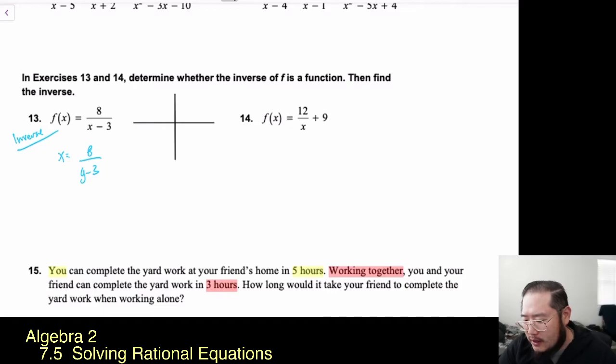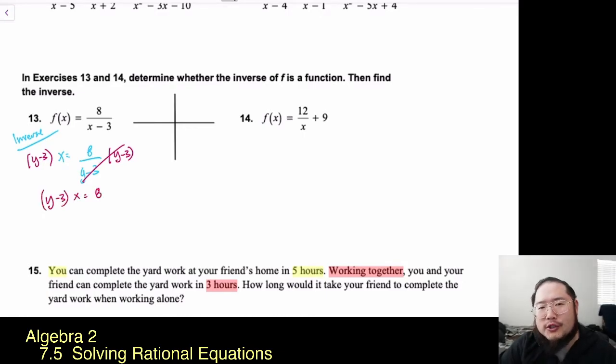So right here, we can multiply both sides by the denominator, y minus 3, and that cancels things out. Now, typically, we would distribute the x and try to solve things out. But that's not our goal right here. Our goal right now is to try to get y by itself.